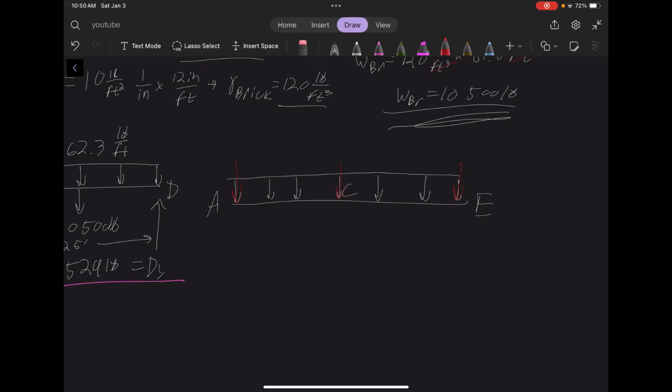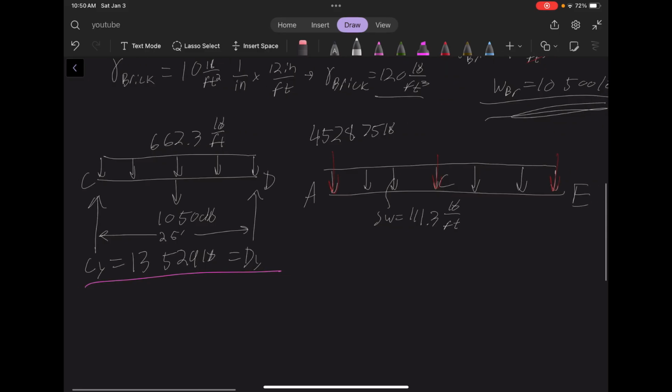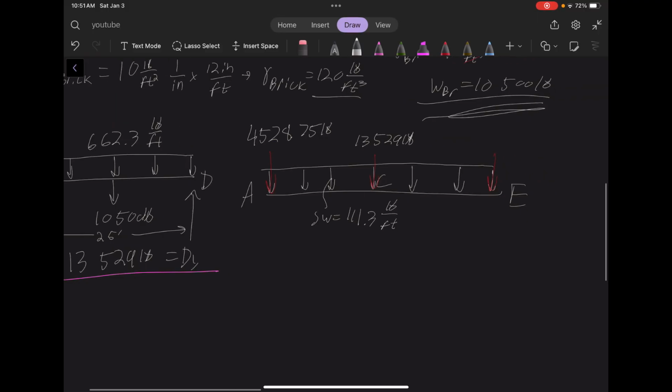And we again know that the self-weight here is 111.3 pounds per foot. You have the reaction from AB, which we already knew as 4,528.75 pounds. And then you have this new reaction that we found, 13,529 pounds. And then you have the same number over here, 4,528.75 pounds.